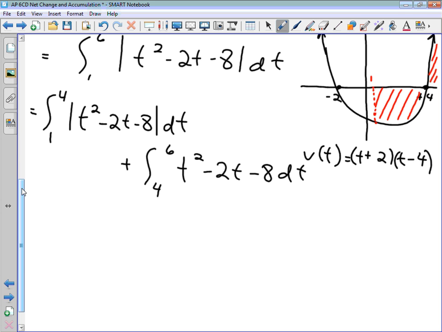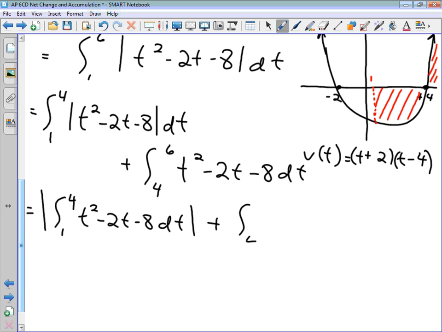We want to switch that negative over to a positive, so we are going to take the absolute value of the integral from 1 to 4 of t squared minus 2t minus 8 dt. And we're going to add to it the second integral; we don't have to do anything with it because it's going to work out to be positive already. Sorry, I meant to say dt.